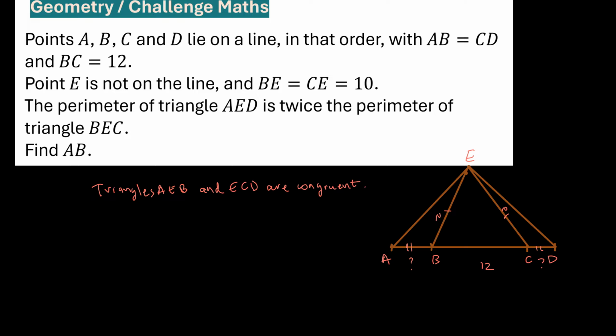That would be because BE is equal to CE and AB equals CD, and of course this angle is equal. That's because BCE is isosceles, and the base angles are equal. So 180 minus this angle would be also equal. That's why they are congruent.